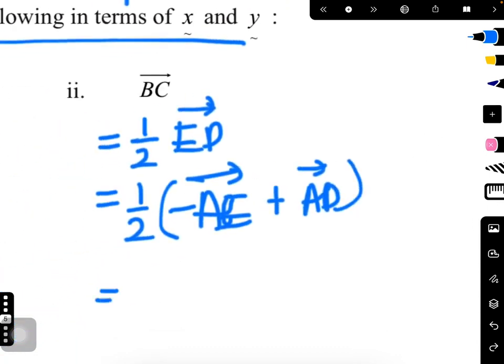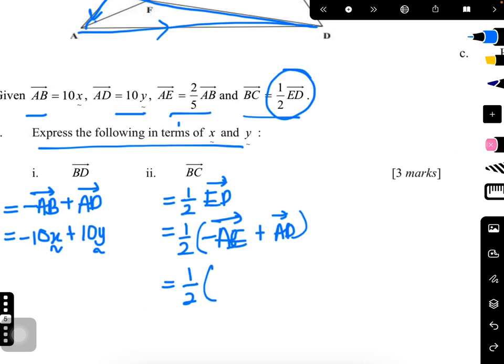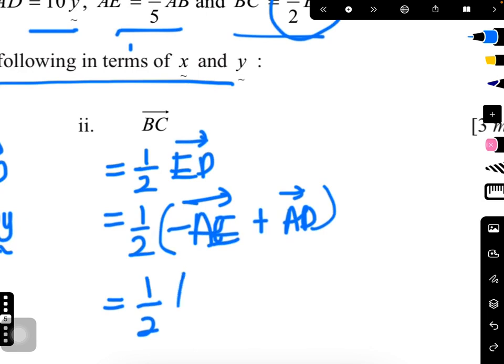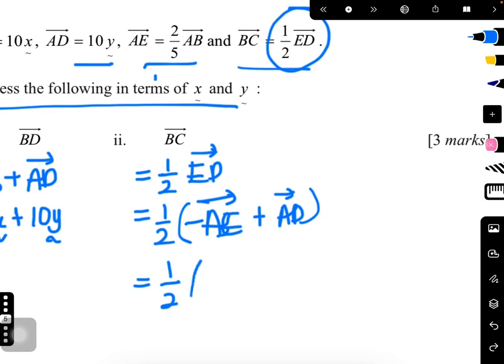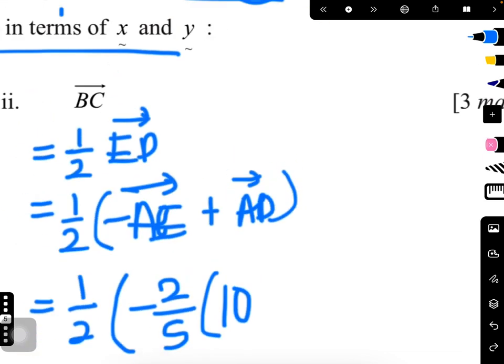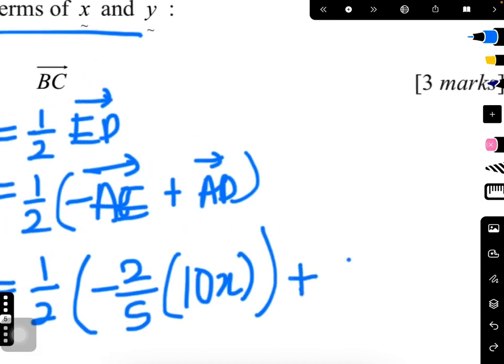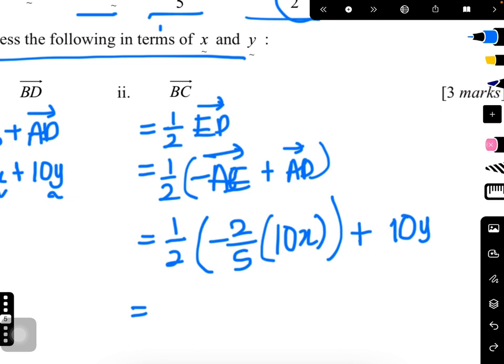Okay, 1 over 2, negative AE is, wow, AE is negative 2 over 5 AB. What is AB? AB is 10x plus AD 10y.